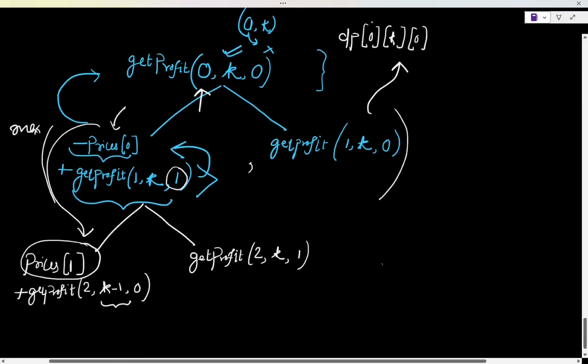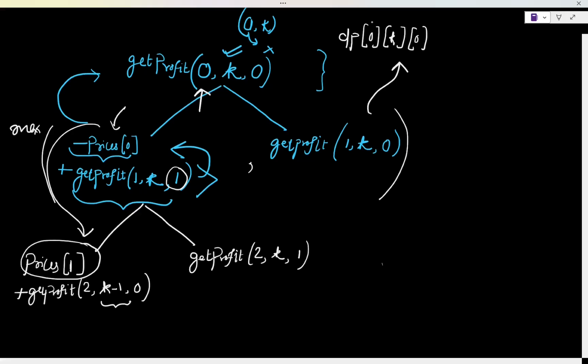This is the entire idea. Either you buy or you don't buy, depending on the state. And for each call for buy, you have two cases. Either you do a buy at that index and change the state, or you move the index ahead. Similarly for sell, either you do a sell at that given index and change the state, or you just move the index ahead.